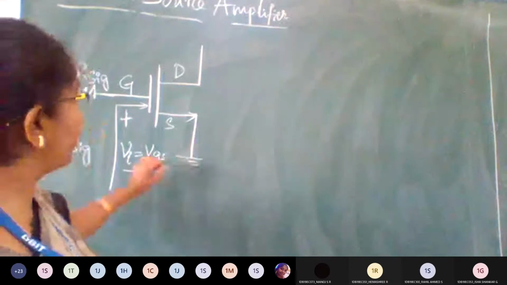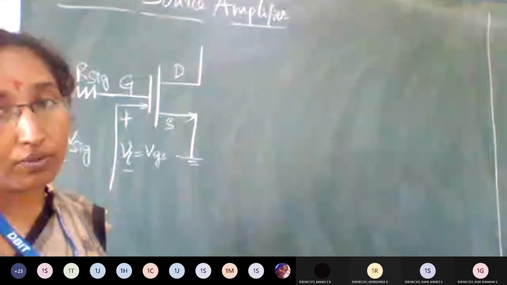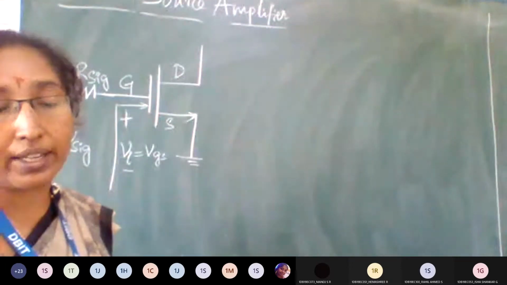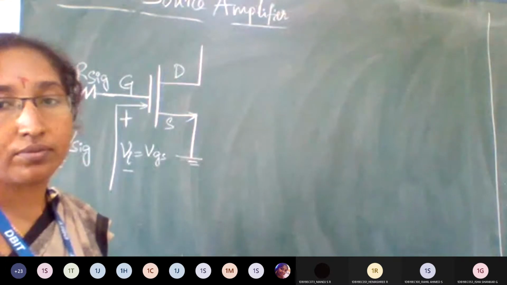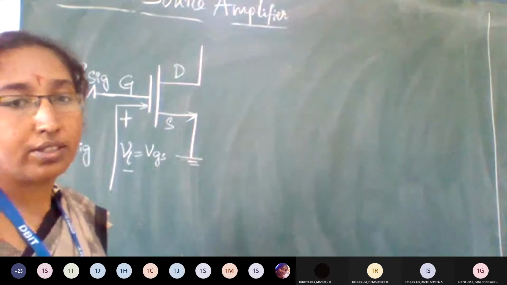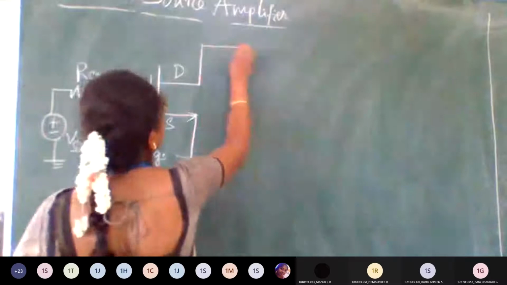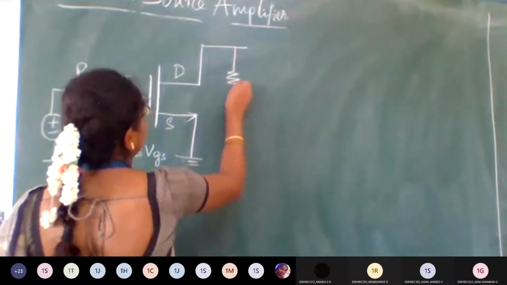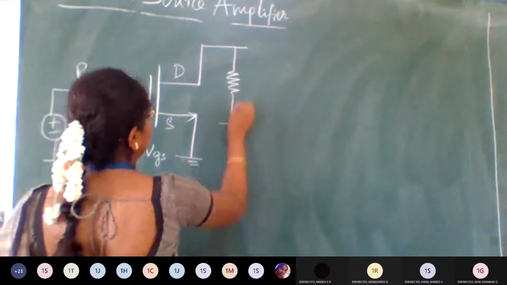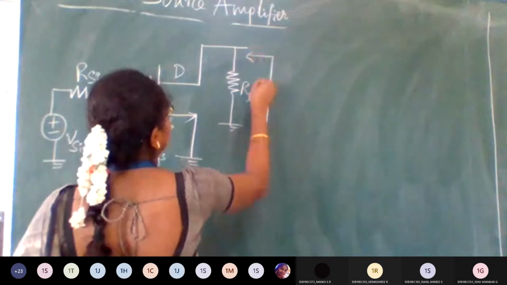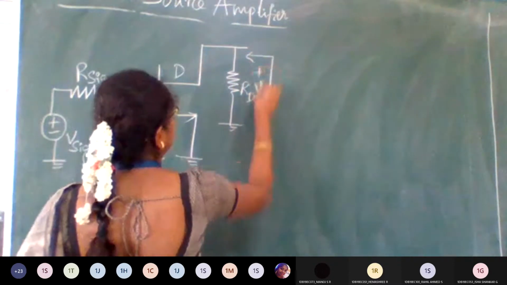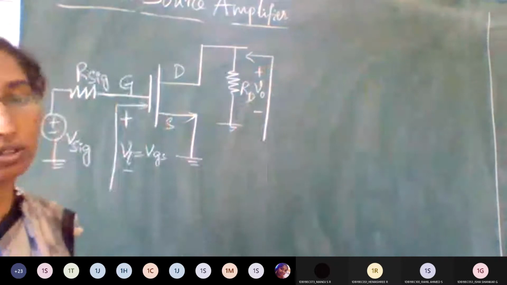The source is grounded, and we have applied the input to the gate and source. So where are you going to measure the output? The drain terminal. At the drain terminal, I am going to connect a resistor, the drain resistor RD, and I am going to measure V0, with positive and negative polarity.